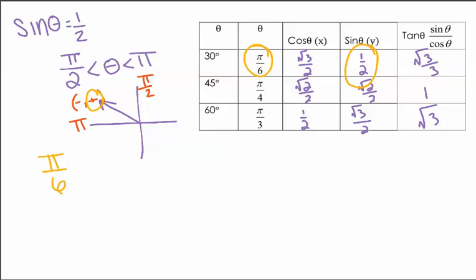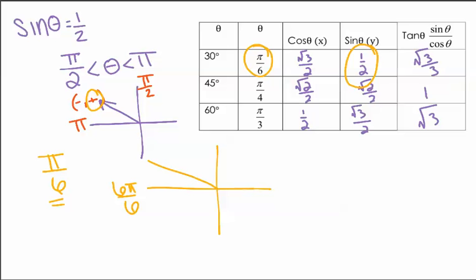Okay, so I need to find what angle in quadrant 2 is going to have a reference angle of pi over 6. Well, going back and thinking about reference angle, if this is 6 pi over 6, now we chose that to be 6 pi over 6 only because I have that denominator of 6.